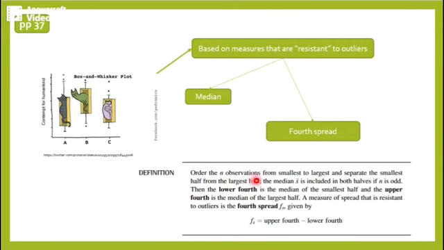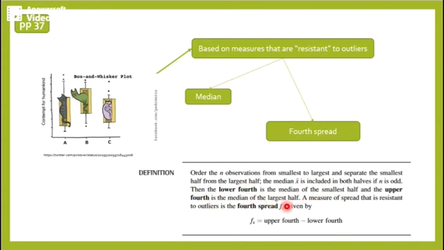You order the n observations from smallest to largest and separate the smallest half from the largest half. The median is included in both halves if n is odd. And then the lower fourth is the median of the smallest half, and the upper fourth is the median of the largest half.